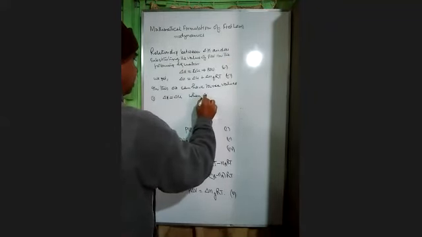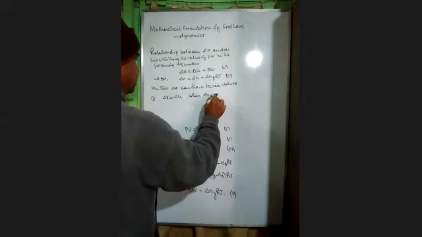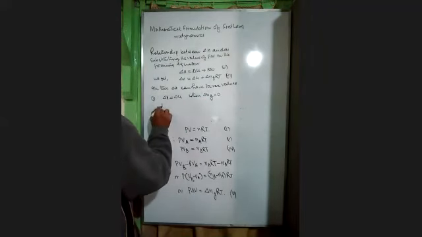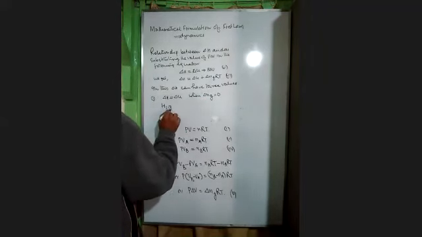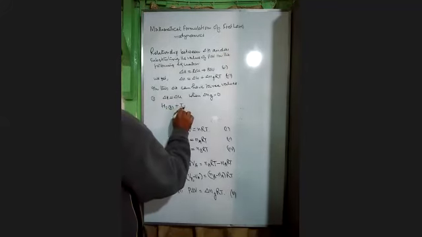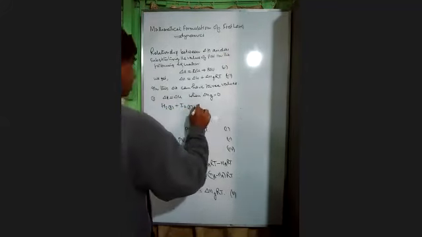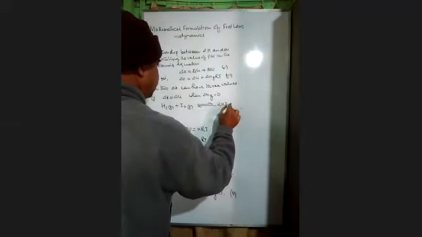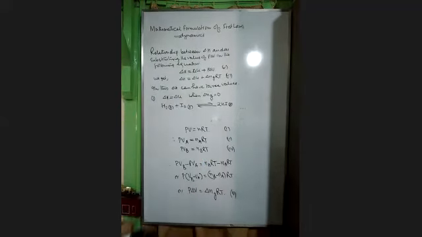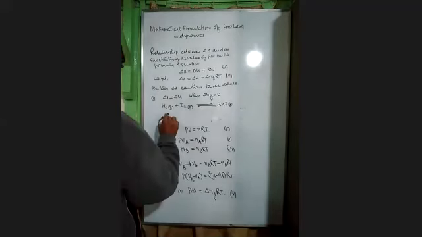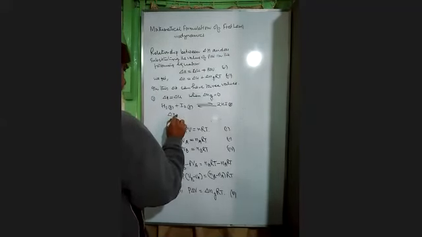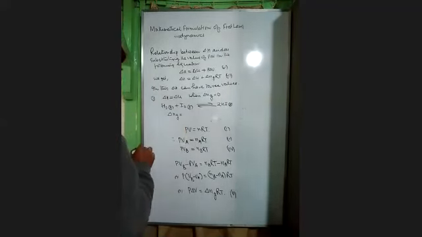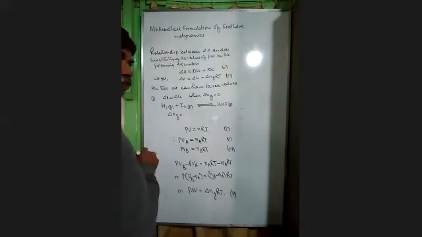When delta n_g is equal to 0. Example, say I have taken here H2(g) plus I2(g) gives 2HI(g). These are all not imaginary reactions. See here, how do you know? Delta n_g is the number of moles of product minus number of moles of reactants.